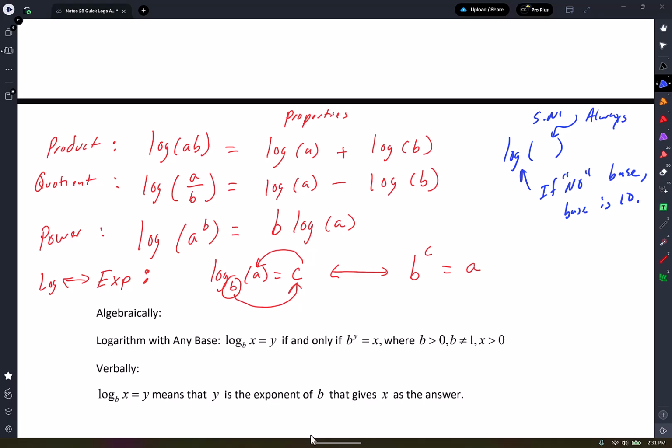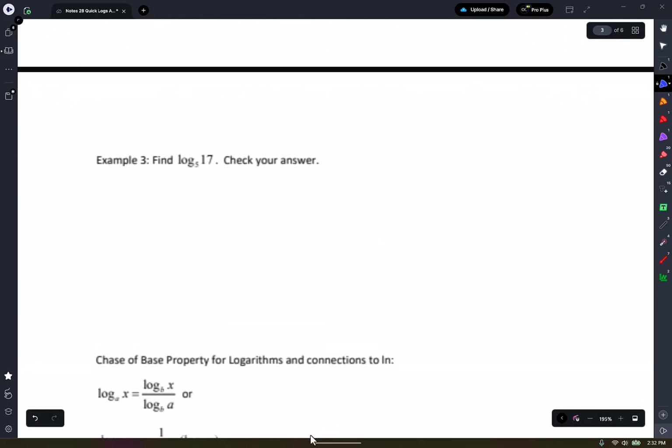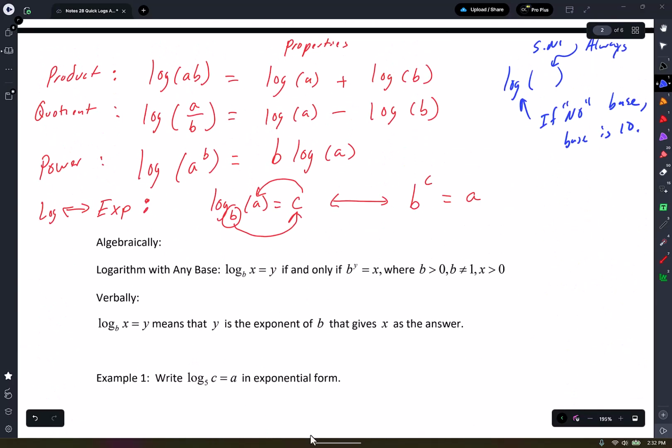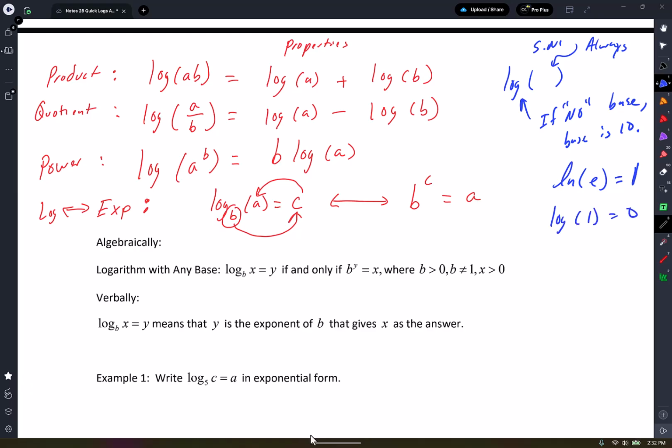What else? There is something called the change of base. I'm not going to talk about it yet. We should know that logs and natural logs are brothers and sisters. ln of e is 1. Log of 1 is 0 of any base. So those are some side notes. How do we feel? Nothing crazy, right?